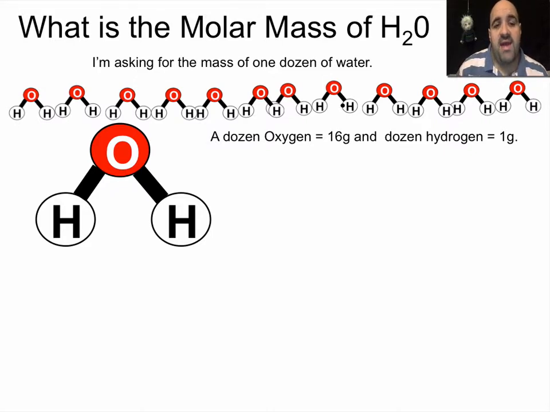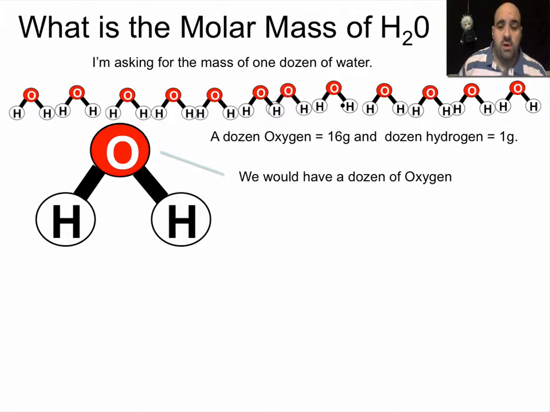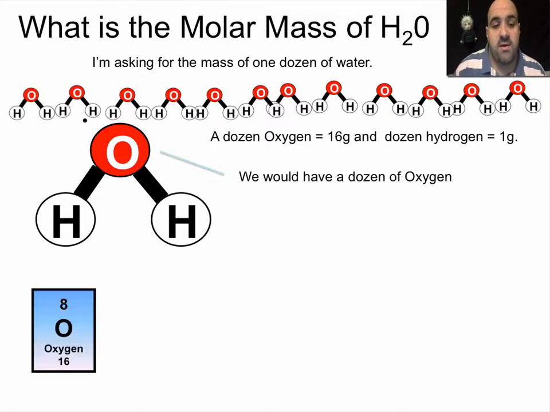Well, if we had a dozen water molecules, would we not have a dozen hydrogen atoms? Because every water molecule has one, and there's 12 of them. So we're going to have a dozen of oxygen. And would we not also have a dozen of these and a dozen of these, making 2 dozens of hydrogen? Because each water molecule has one hydrogen on the left, making for 12, and each molecule has one hydrogen on the right, making for another 12.